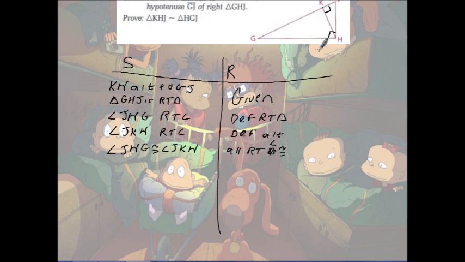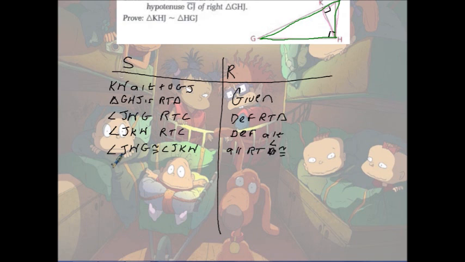Now, next, let's look at those triangles I'm trying to prove similar. My one triangle, triangle KHJ, is this triangle right here. My other triangle, triangle HGJ, is this triangle right here. What do you notice they have in common? Hopefully you said an angle. We have a reflexive angle between both triangles.